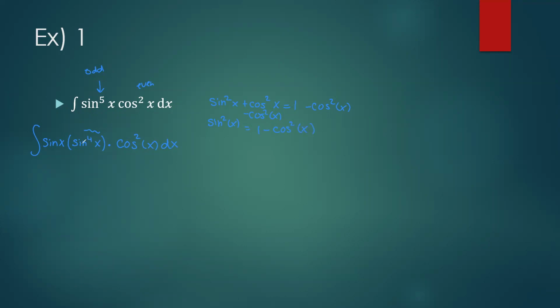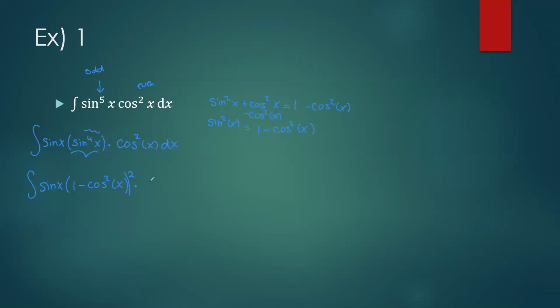But there's a 4, so we've got to raise it to the second power. So what we can do is rewrite this as sin of x, and then we know that sin squared of x is 1 minus cosine squared x. You can replace this with 1 minus cosine squared of x, but we still have to raise it to the second power because this is to the 4th, right?